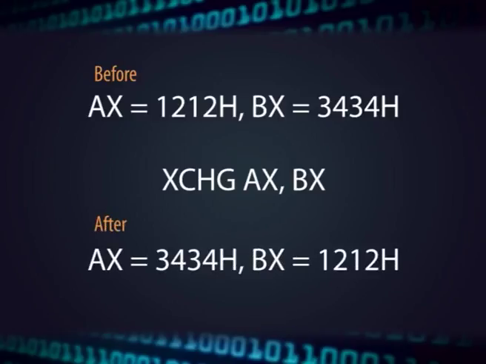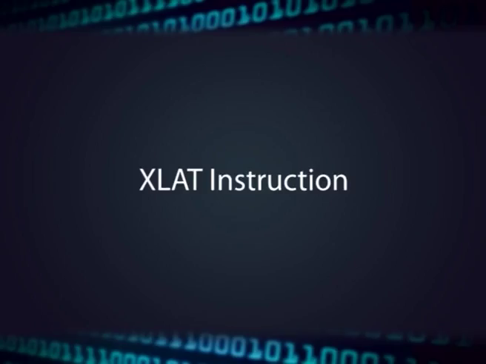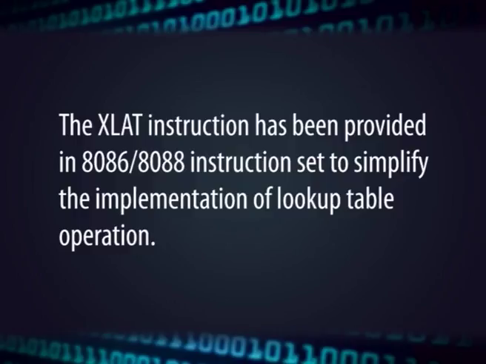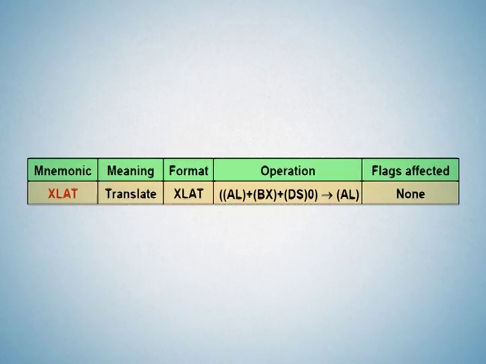The next category of the data transfer instruction is the XLAT instruction. The XLAT instruction has been provided in the 8086, 8088 instruction set to simplify the implementation of lookup table operations. When using XLAT, the contents of the register BX represent the offset of the starting address of the lookup table from the beginning of the current data segment.